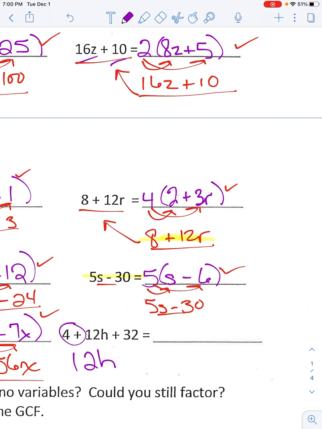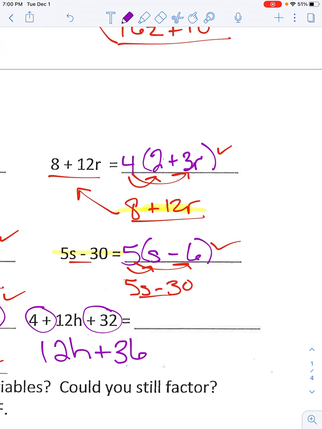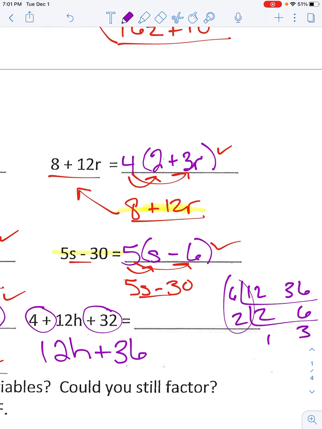There's nothing to combine that with. 4 plus 32 is 36. Now, greatest common factor of 12 and 36. You guys know this, but just in case you don't, do a division ladder. 6 times 2 is 12. 12 is the GCF. Okay?